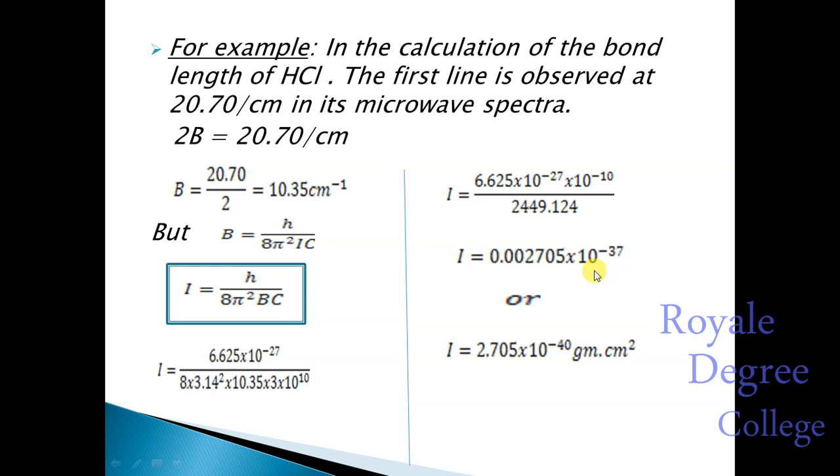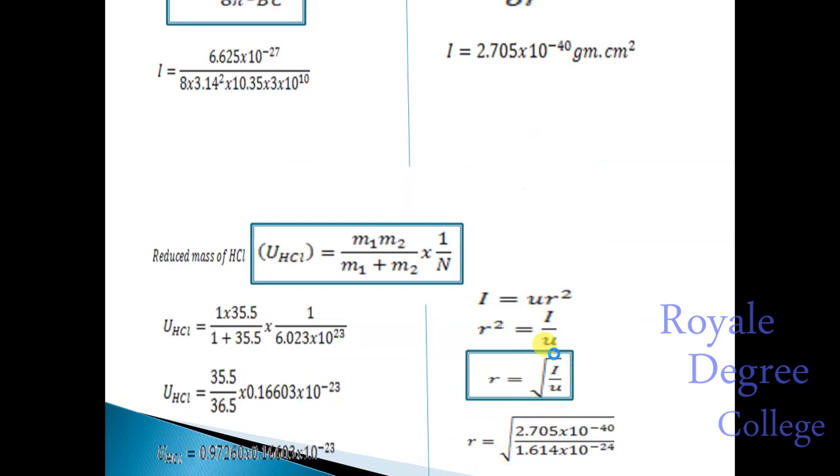If we bring it another digit to the right hand side, one more unit will increase here, so 10 to the power minus 39. And one more digit if we bring the point to the right hand side, 2.705 means that value will become 10 to the power minus 40 gram centimeter square.